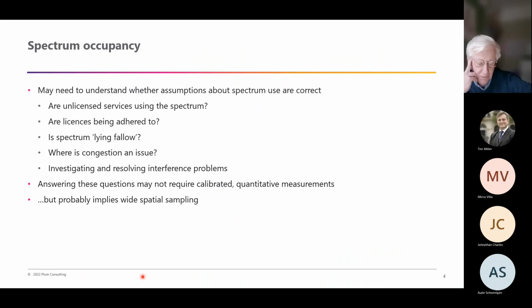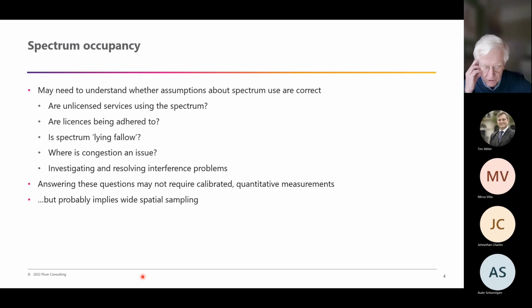Perhaps we can take a fairly high level view and answer these questions using fairly straightforward equipment, but we probably will need to look over a wide spatial area.